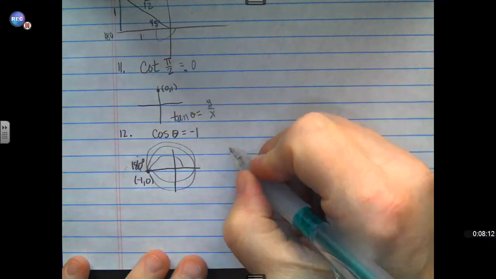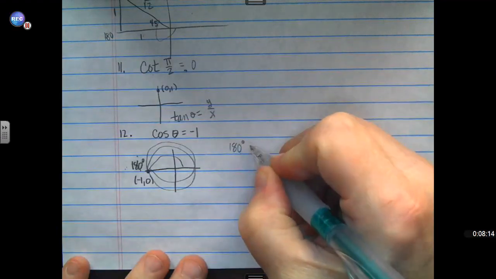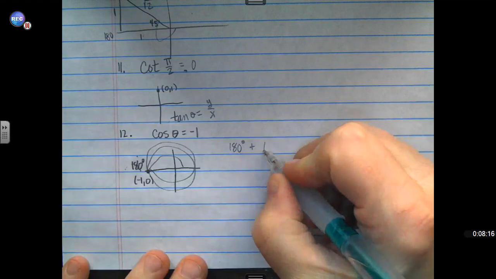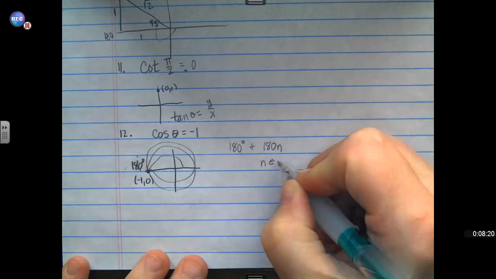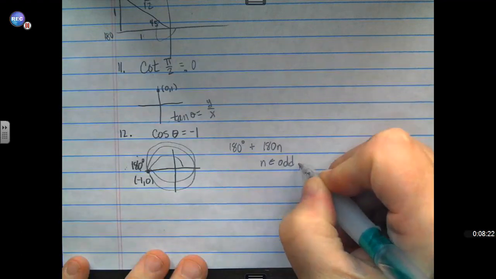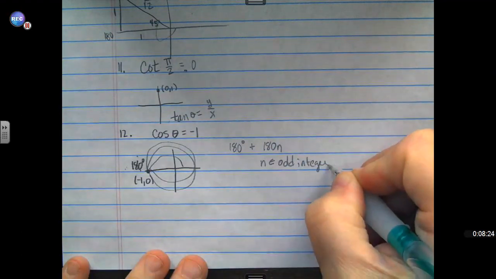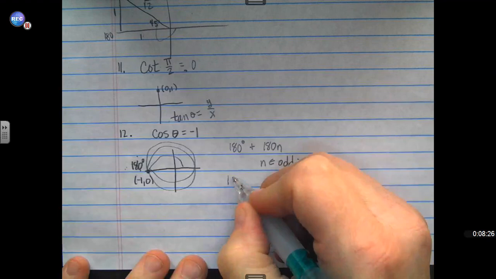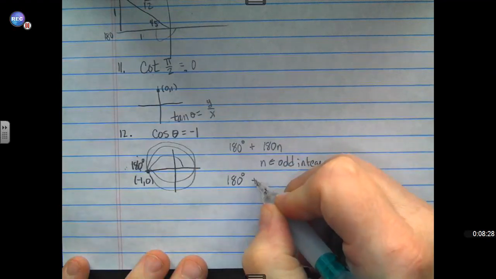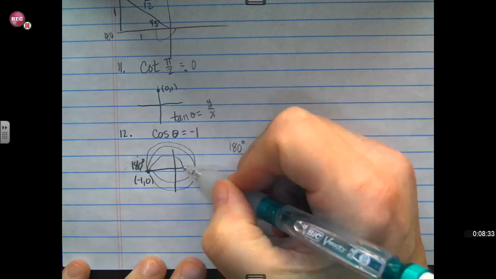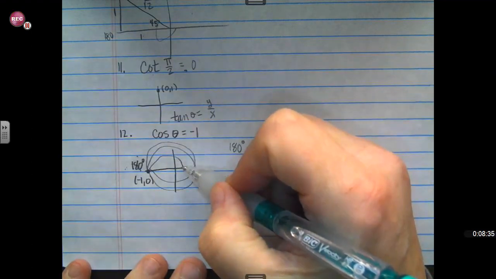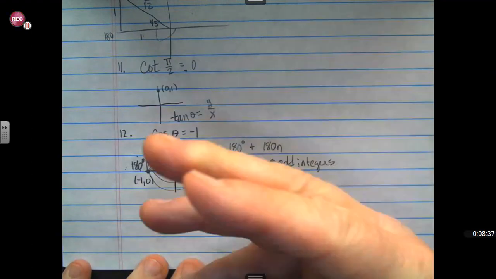There's a couple ways. We can say that it's 180 degrees plus 180n, and n has to be an element of the odd integers. We can also say that it's 180 degrees plus 360n, because that's how much of a revolution I need to go to repeat the answer.